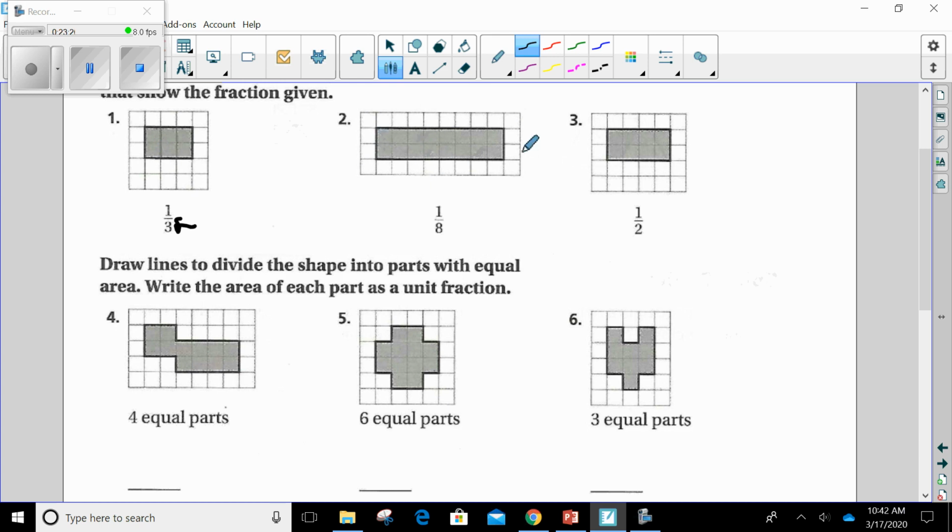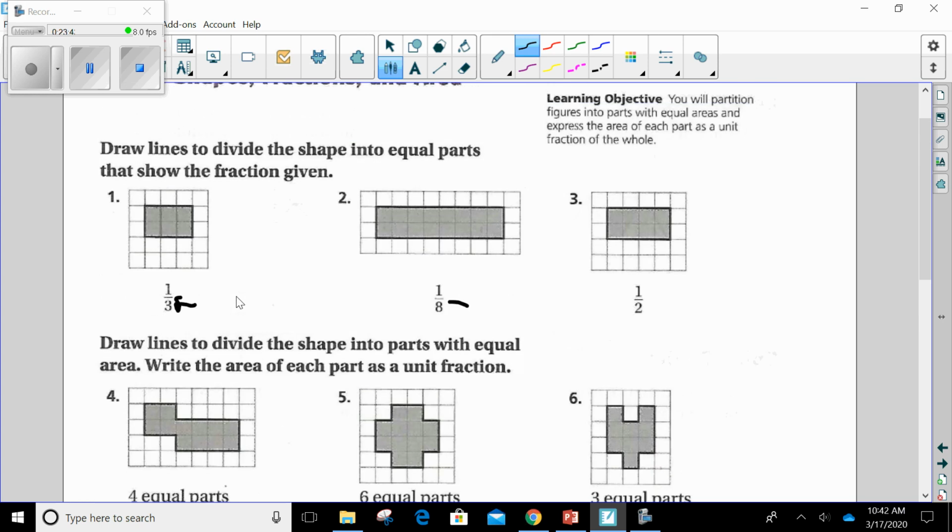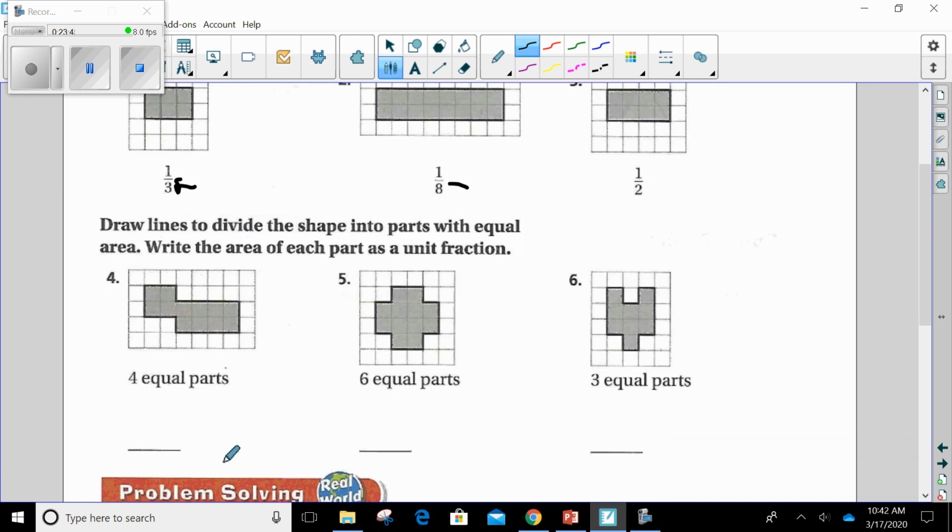How many squares are in this rectangle and then divide it into 8 parts? How many squares are in this rectangle and divide it in 2 parts? Same way here. You have to draw the lines. And then give the fraction.